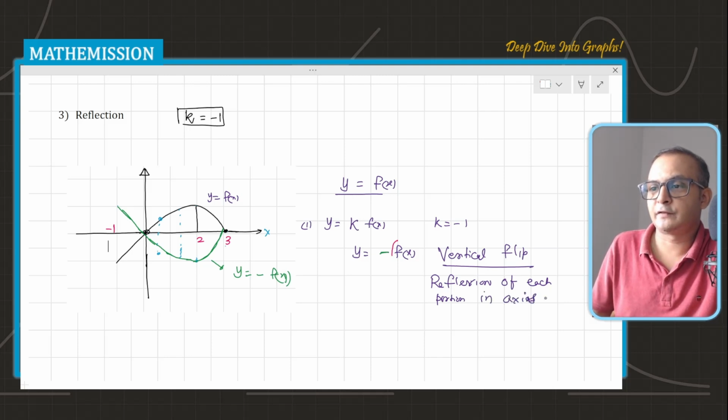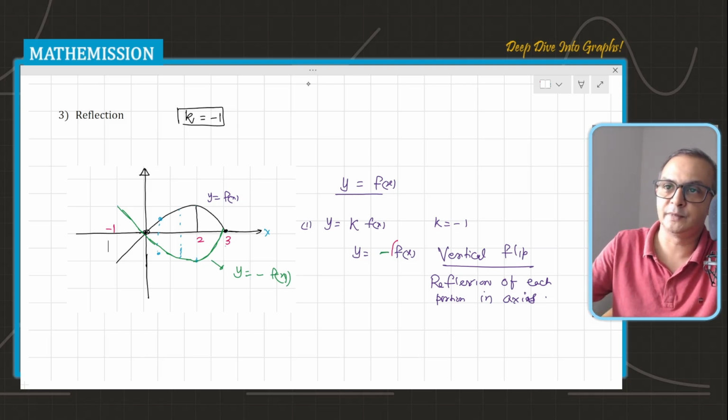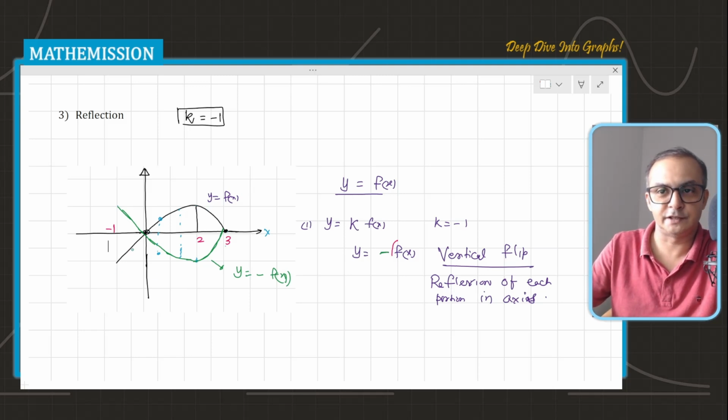It's not like we just take whatever we see, we have to take the reflection. It means if the graph is on the positive side, we have to take the negative side. If the graph is on the negative side, we have to take the positive side. So it is better to understand the word flip, because we are flipping, we are taking each reflection.